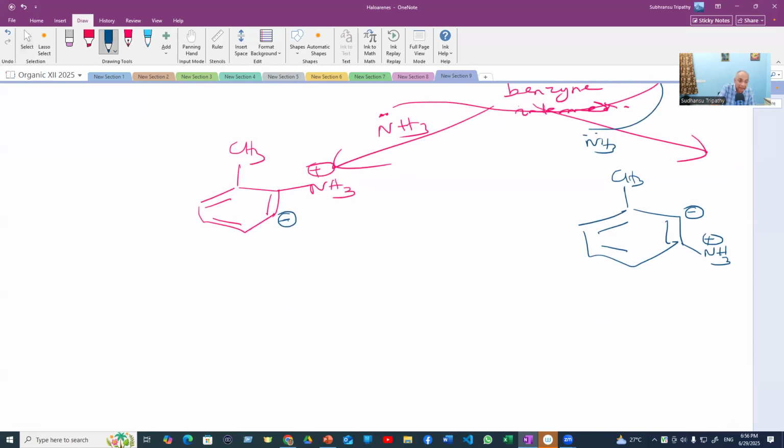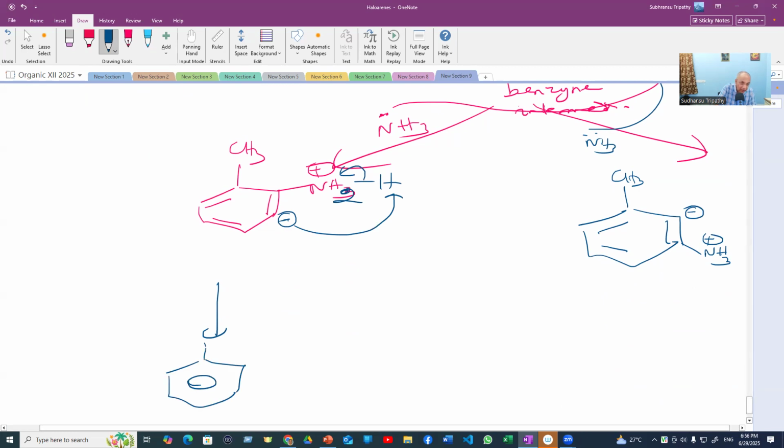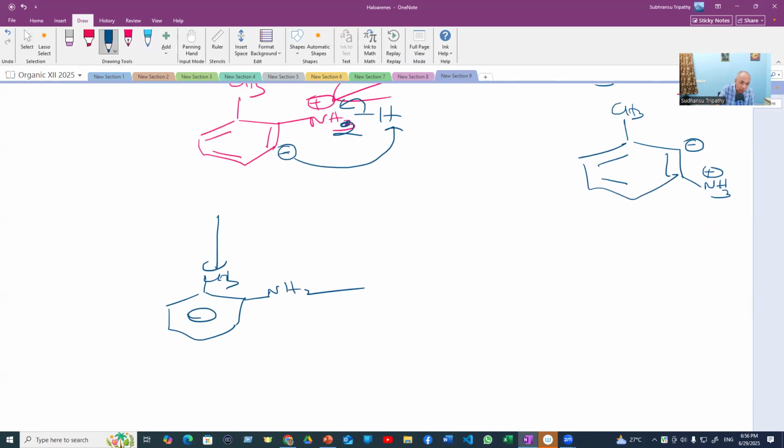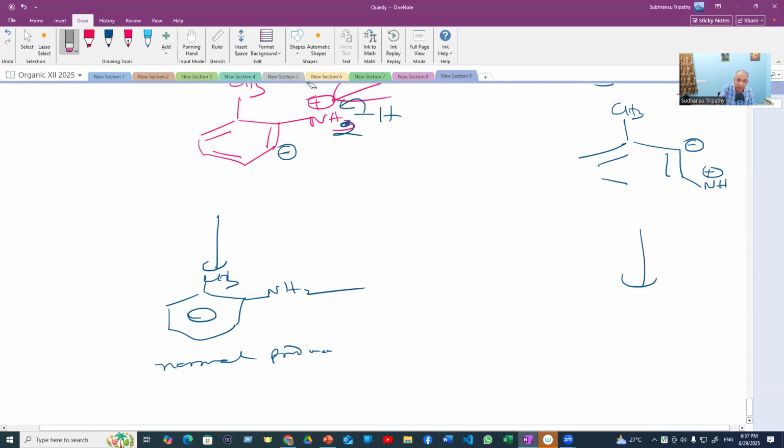Now, proton rearrangement. So this is, we can write NH2H. So this abstracts a proton and neutralizes the charge. So you get the normal product. This is ortho-methyl aniline, or 2-methyl aniline. So the normal product. And here also you can write in place of NH3, NH2H.